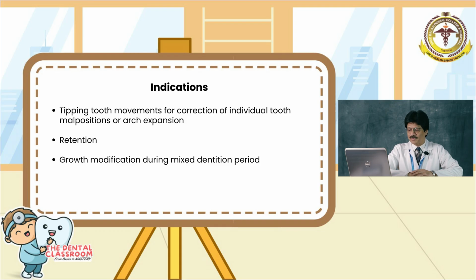The last part, which is mentioned as the growth modification during mixed dentition period, well, this is done with the removable functional appliances. I am not going to deal with the removable functional appliances, but rather the removable orthodontic appliance which an UG as also a PG need to know.